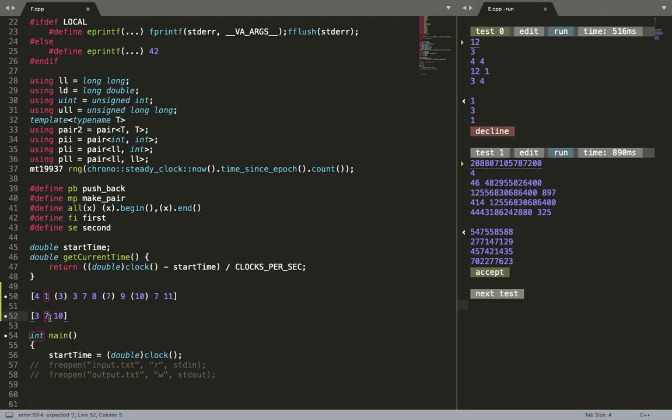Now we want to calculate the dp on all occurrences of 7. How to calculate the dp value for a given occurrence of 7? This one or this one or this one? Well, we have to choose what will be the occurrence of 10 we want to be in the ending array.